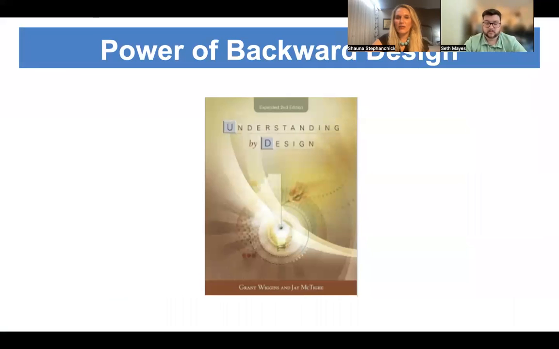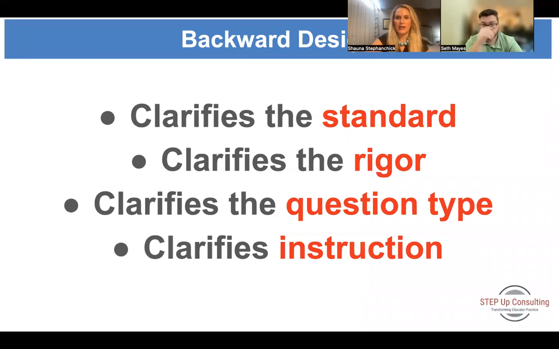And the philosophy of our company is we feel like there's a lot of power in backward design. So we remember the work from the 90s of Understanding by Design by Grant Wiggins and Jay McTighe, that we would argue, even though it's a chicken or egg conversation, that assessment should come first, because when teachers are really clear on what those assessments should look like and sound like, they can backward design their instruction to align and to be as rigorous as needed.